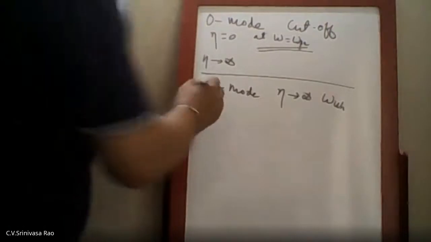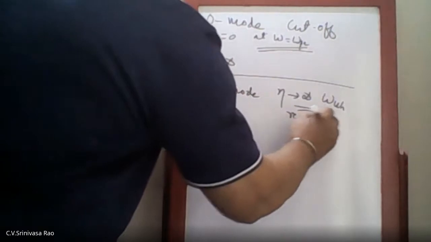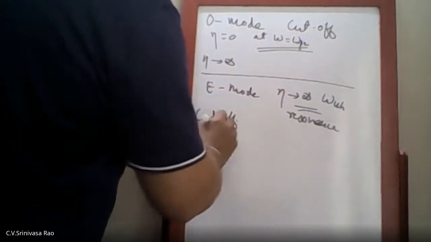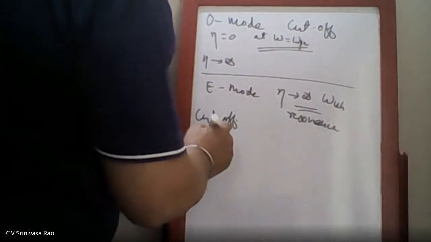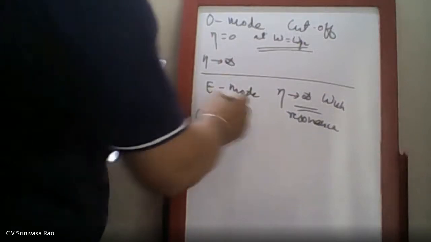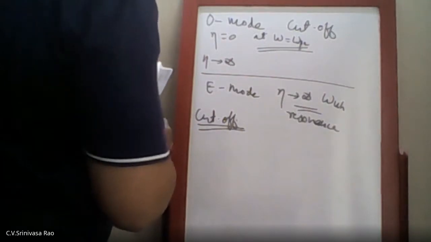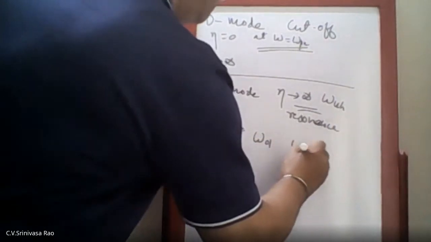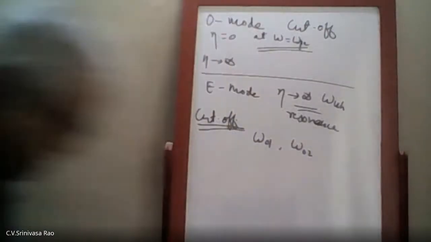And there's a cutoff. This was resonance. It also has a cutoff, which means the waves will not propagate for that particular condition. So it has a cutoff at frequencies which we wrote as omega 1 and omega 2, the two frequencies we wrote in our earlier classes.